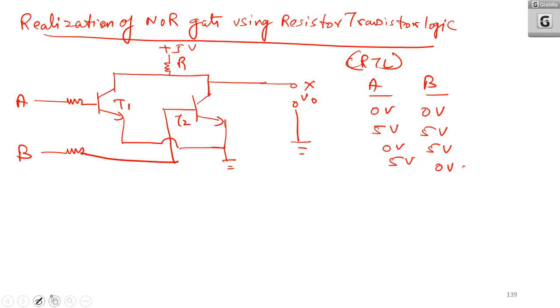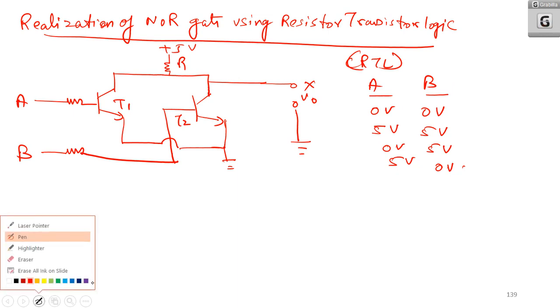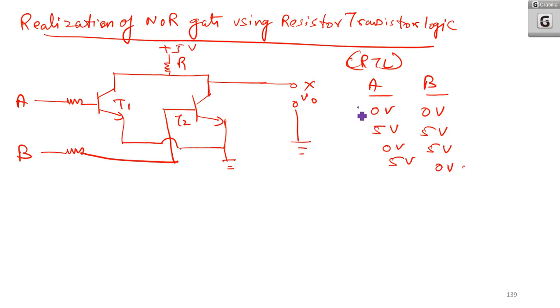So case 1. Case 1 is A is equal to 0 volt and B is equal to 0 volt. In this case, what happens? There is no base voltage for T1 and T2, so T1 and T2 remain off.